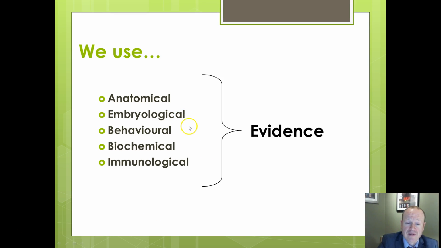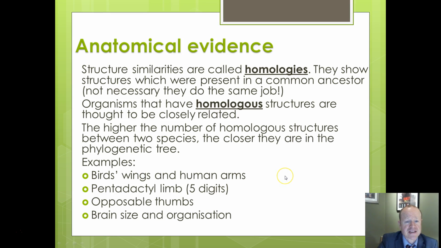So the kind of evidence we might use: anatomical, embryological, behavioral, biochemical, and immunological. We'll look at anatomical, embryological, and behavioral today. Anatomy, in other words, the structures that you can see, the body shapes, things which are similar, are called homologies or homologous structures.